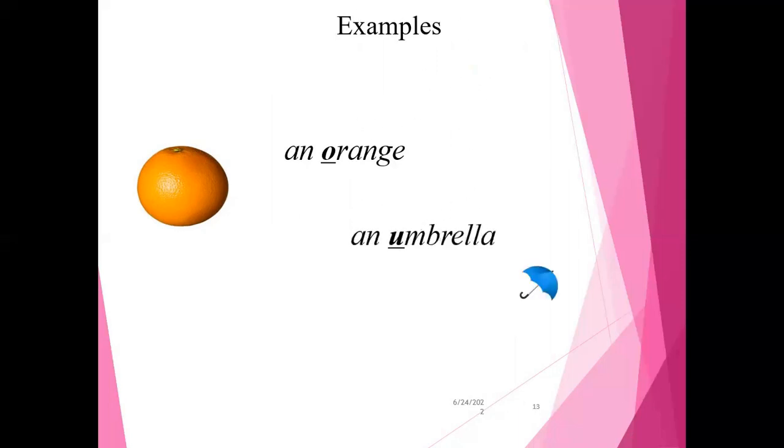An umbrella: here it is producing the sound of a vowel. An I, an eye. Again, it is producing a vowel sound. So the most important thing is the vowel sound rather than the letter.